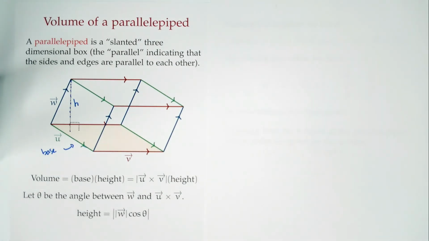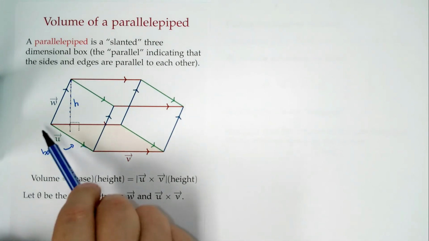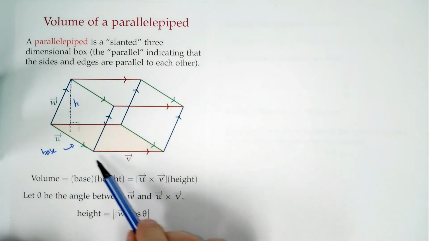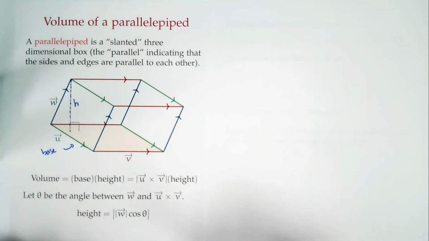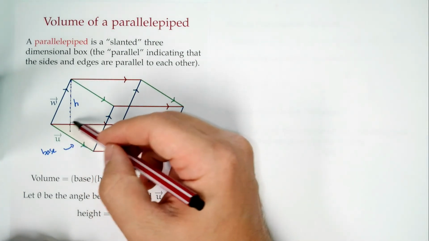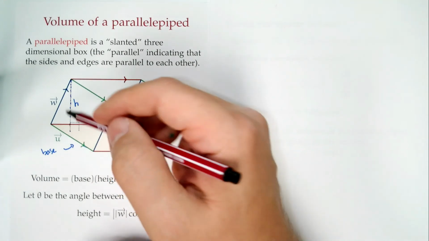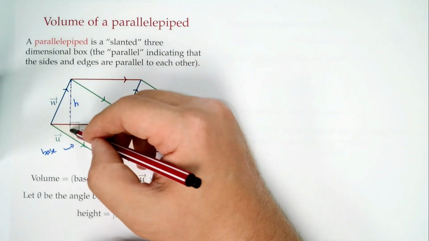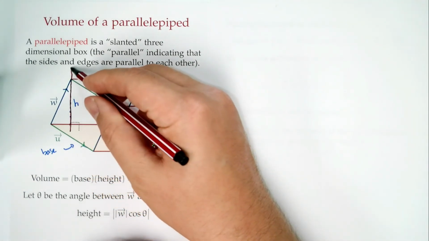Suppose for a second that we look at an angle. Let's think about what's happening here. I have this base, which comes from u and v, and we take the cross product to get a perpendicular direction. Why do we take the cross product? Because I want something perpendicular. So if I think about the vector u cross v, it's sticking up.